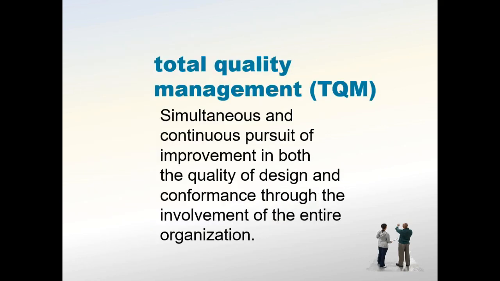The word total in the phrase total quality management emphasizes that the three different dimensions of quality discussed at the opening of this chapter are pursued simultaneously in an integrated effort. The 1980s are often cited as the period in which the concept of total quality management, also referenced as TQM throughout the chapter and the remaining portion of the textbook, first gained widespread recognition and adoption, particularly here in the United States.